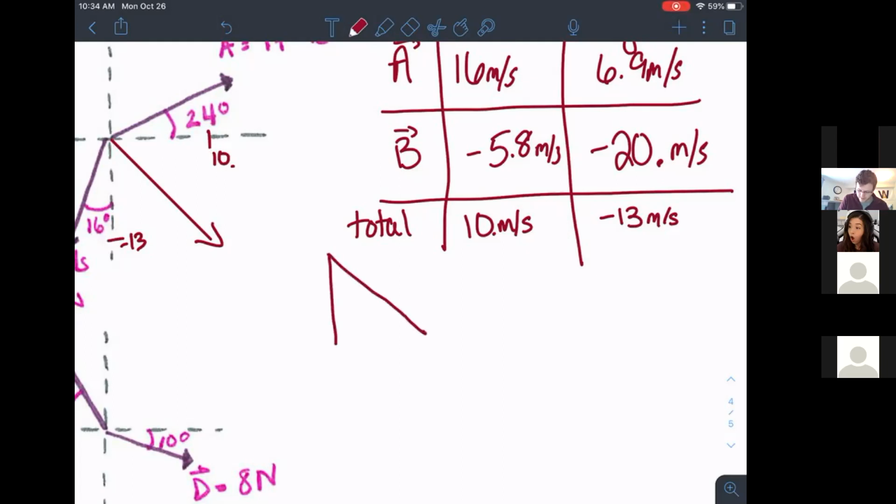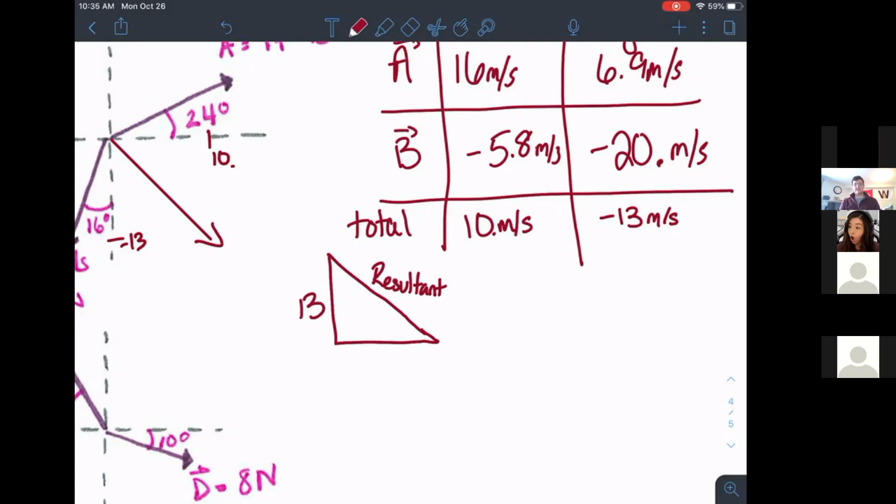So we're going to draw our triangle. We have our resultant vector. If you want to label it a letter, that's fine. Usually I would go with C. What's my y going to be? Negative 13.